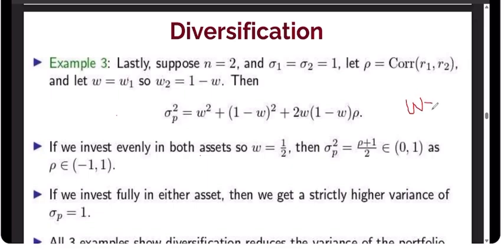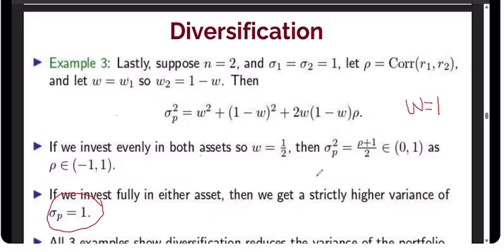But what if my W equals 1? You know the meaning? If W equals 1, it means that with two assets, I spend 100% on one asset and 0 on the other. How would the variance be? It's going to be this. The variance is going to be 1, then the standard deviation is going to be 1. If you plug in W to be 1, we get a strictly higher variance.